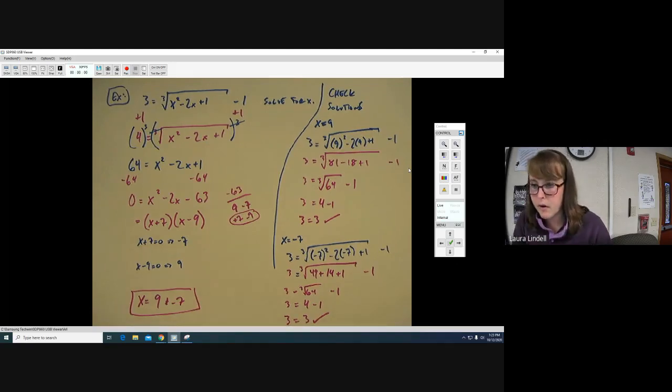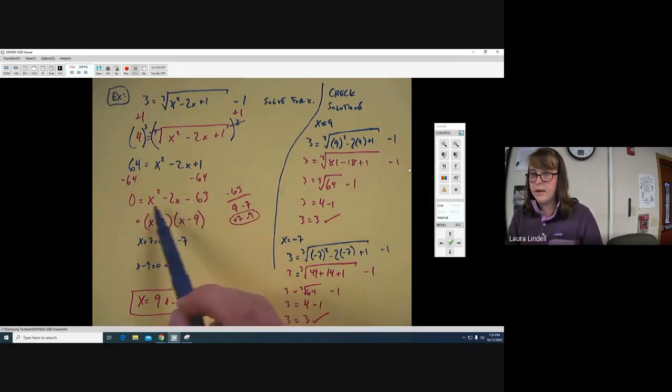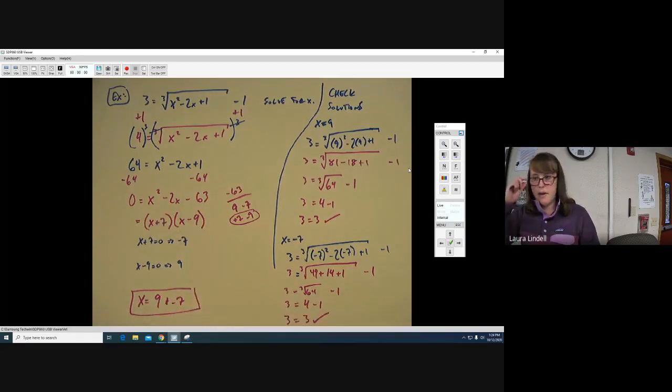Yeah, could we use the quadratic equation instead of factoring? Sure, you totally could. That would work. Yeah, so right here, if you like the quadratic formula better, then totally use that. But you will want to start building up your factoring skills again because that's going to come up more and more throughout the next chapter or two.